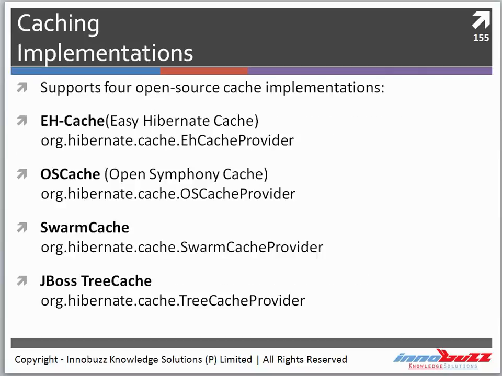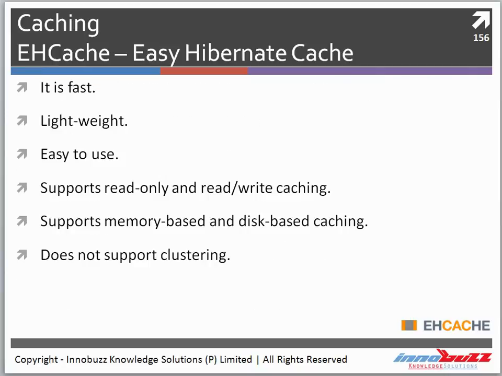Caching implementations. EHCache or Easy Hibernate cache, OSCache or OpenSymphony cache, SwarmCache, and JBoss TreeCache. EHCache is an open source standards-based cache used to boost performance, offload the database, and simplify scalability.